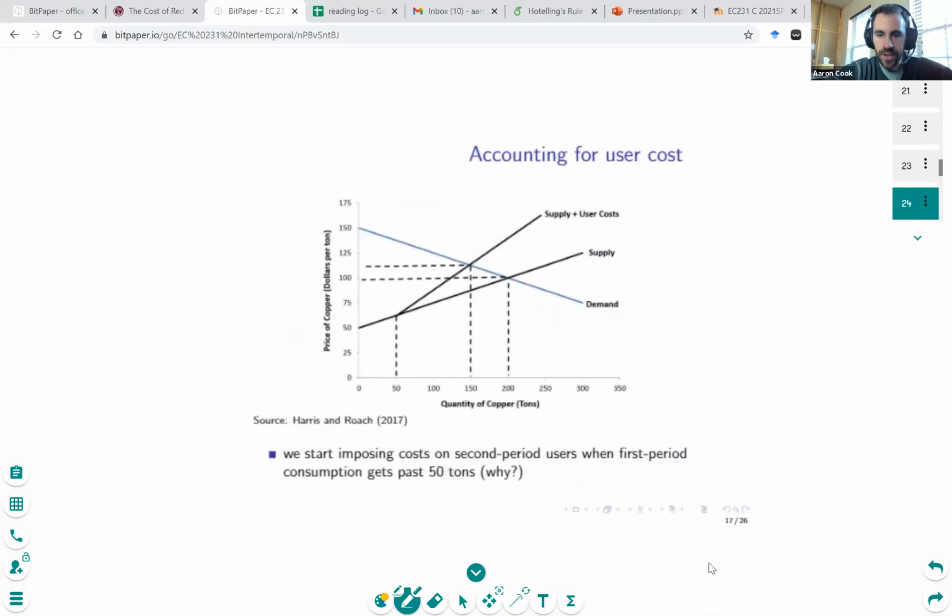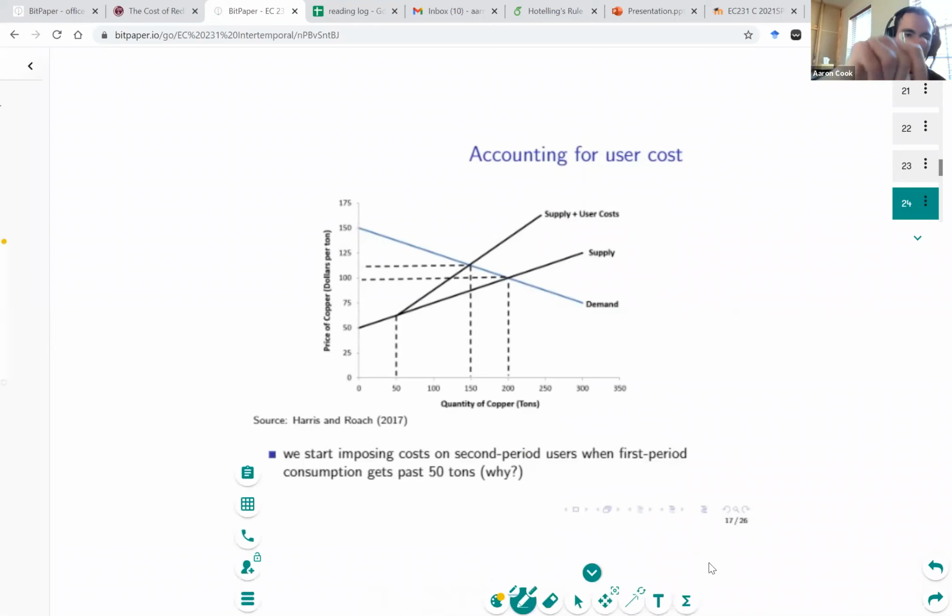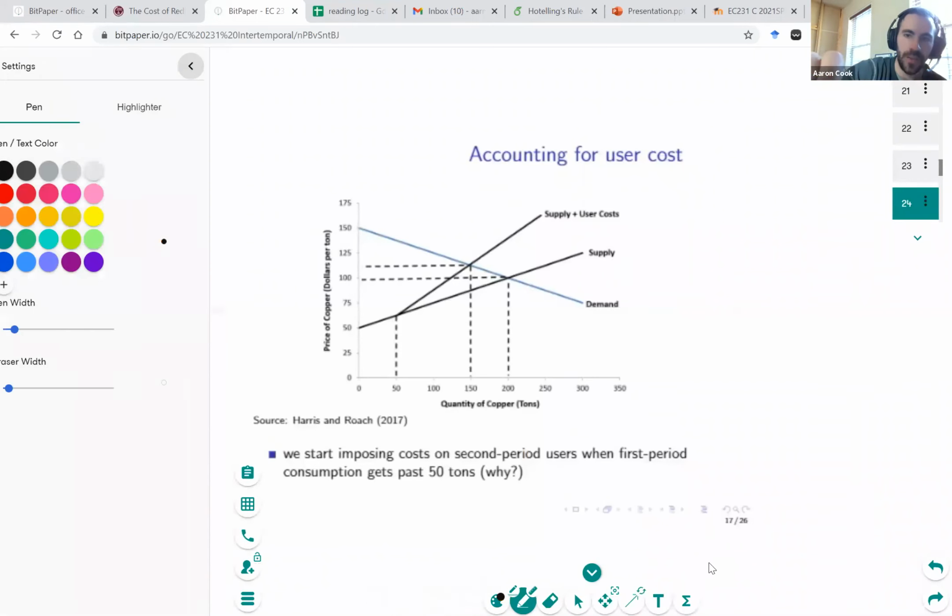Okay, here's a question I want to pose to the class, because this is fundamental to this problem. We said that user costs are an externality in time. That was one of the ways that we defined user costs.